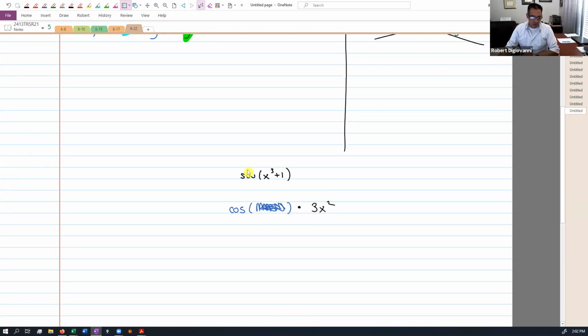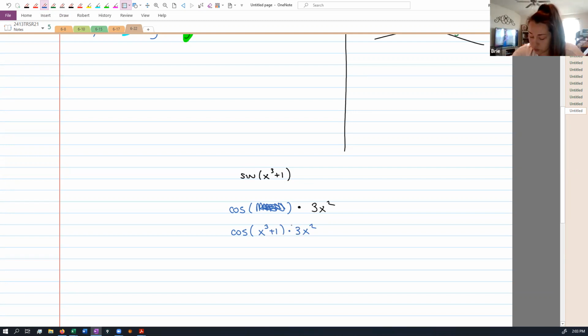The derivative of sine of some big blob is cosine of the blob, chain rule, times the derivative of the blob, which is 3x squared. Now I can't leave the blue blob in there, so I replace that blob with what it was. And that is my derivative.